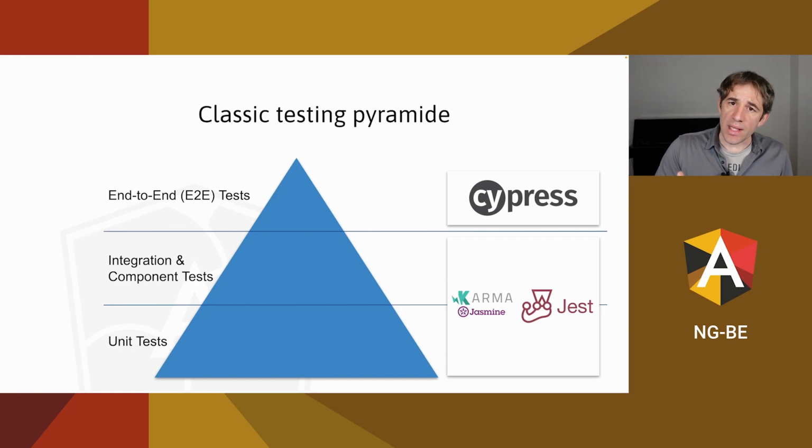Depending on the amount of mocking that you apply, when you mock quite a lot, I would say this is more of a component test. And if the only thing that you mock is the HTTP communication, then I would call it an integration test. But both of them have in common that we are using the DOM as the primary interface to our class under test, so to say.